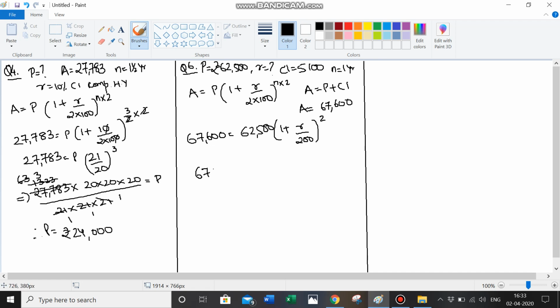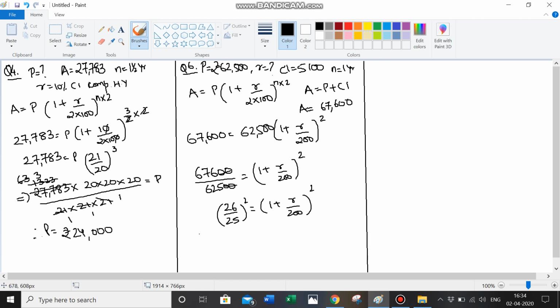So this will be 67600 upon 62500 is equal to (1 plus R upon 200) raised to the power 2. 00 and 00 get cancelled. I know 625 is 25 square and 676 is 26 square. So (26 upon 25) whole square is equal to (1 plus R upon 200) raised to the power 2.